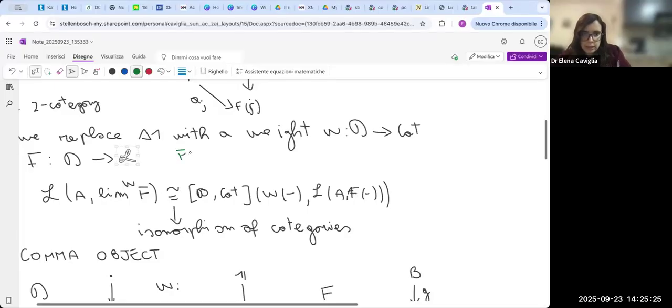So for bicategories, instead of having an isomorphism, we just ask for an equivalence of categories.